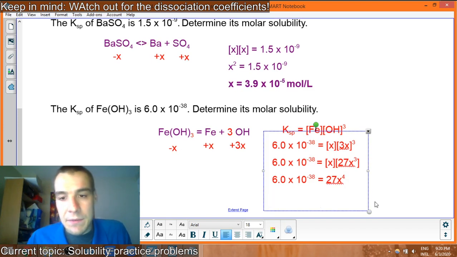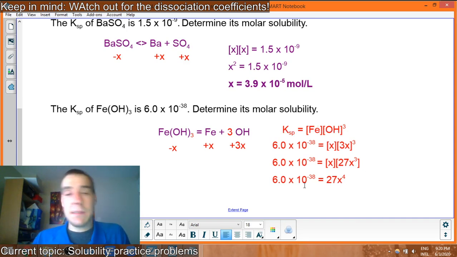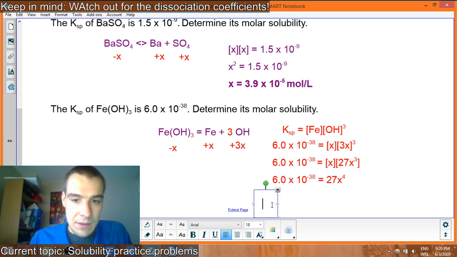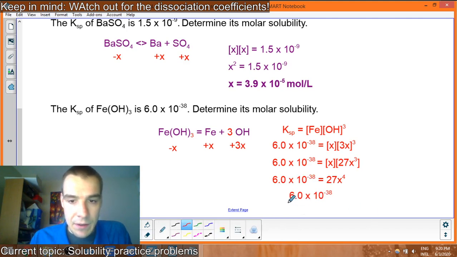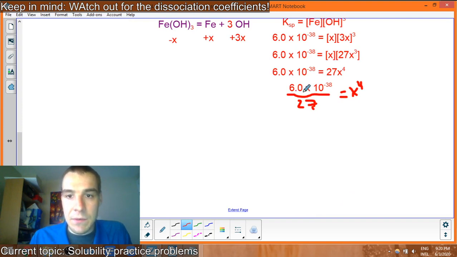Right, and then from there, we have to solve this expression. First, we're going to divide by 27. So I'm just going to paste that over 27 is equal to x to the 4.